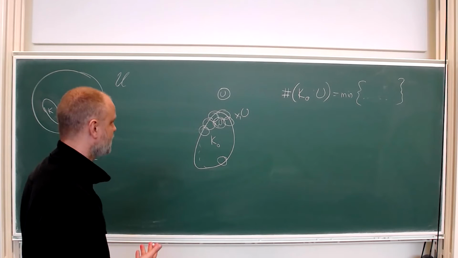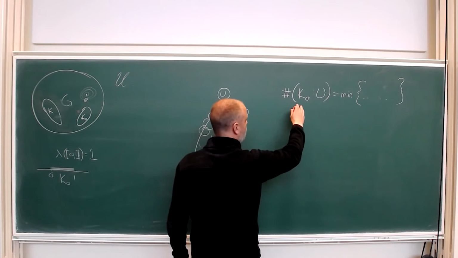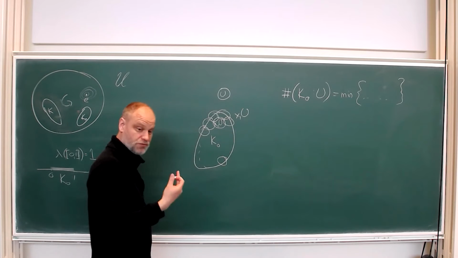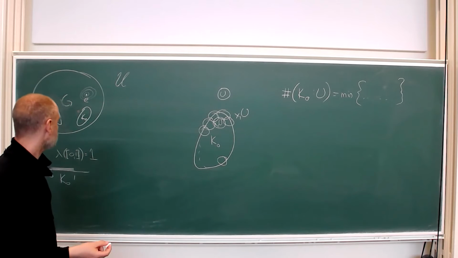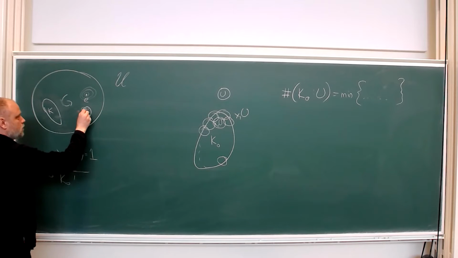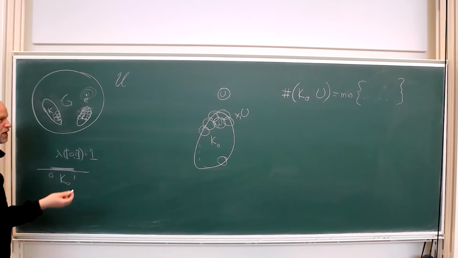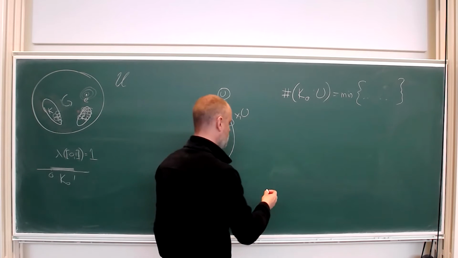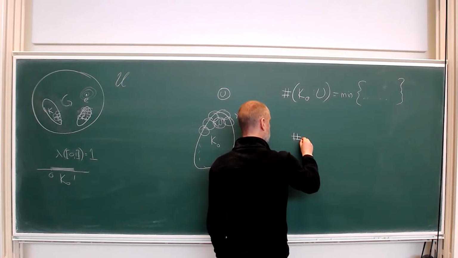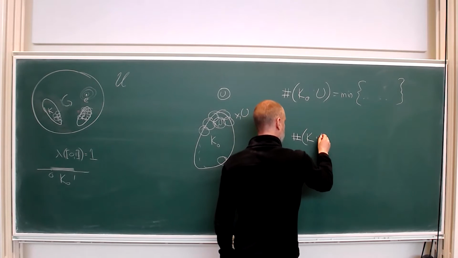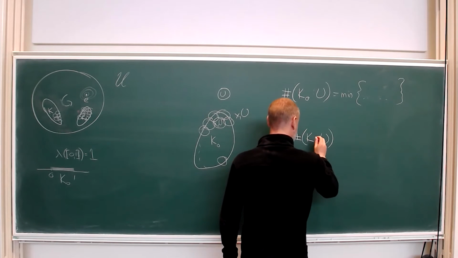Okay, so this kind of tells us how big is K0 in terms of U. Okay, so now we have it here. Many small ones. But then we can play the same game with this guy, right? So we get another number, which is this.